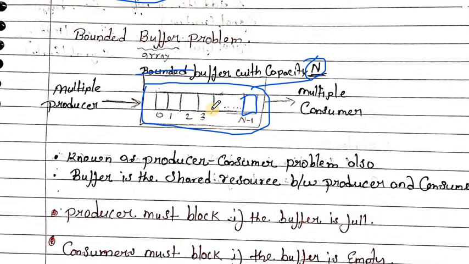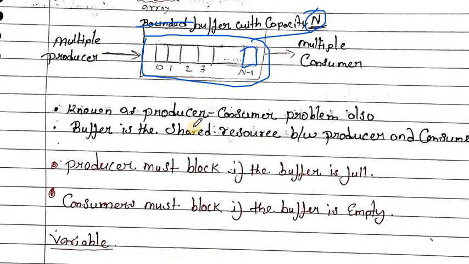In a bounded buffer problem, the bounded buffer array is shared by multiple producers and multiple consumers. The producer inserts values in the array, and the consumer consumes the values of the array.